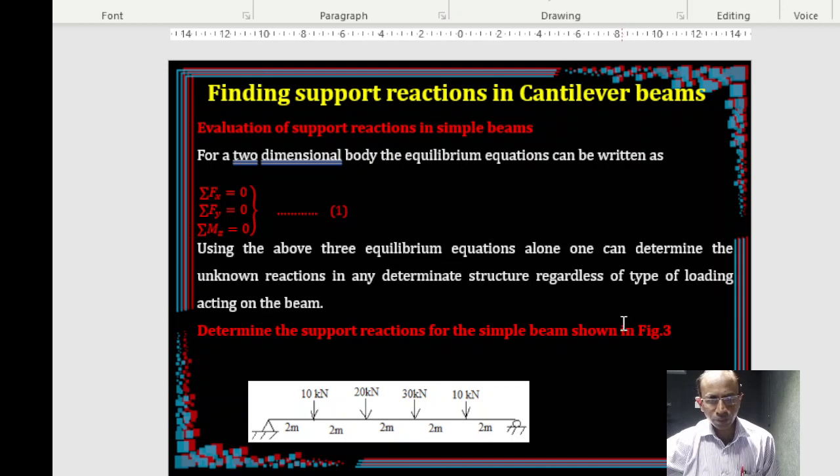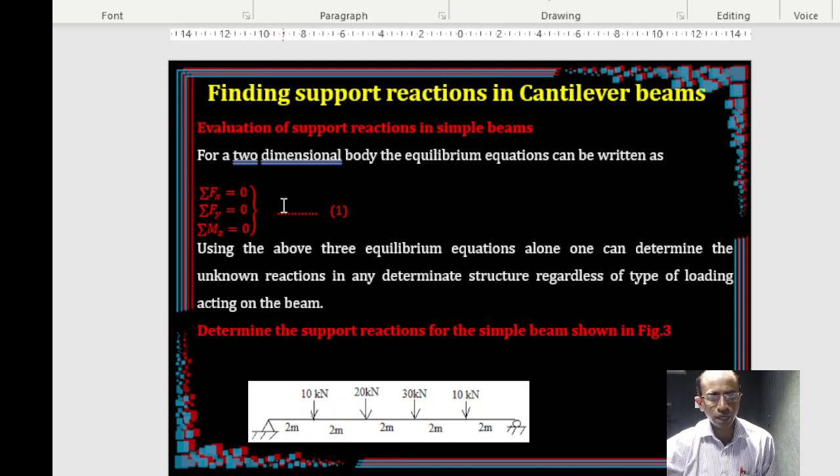So this is some introduction, a little bit of knowledge on the equilibrium condition. Generally we deal with two dimensional problems only. For all two dimensional bodies to be in equilibrium, we have these equilibrium conditions.